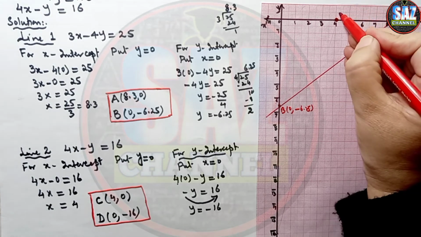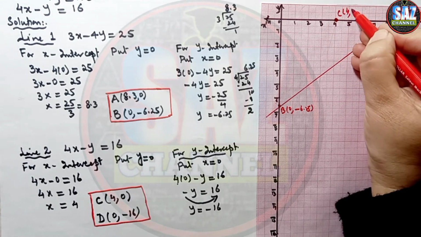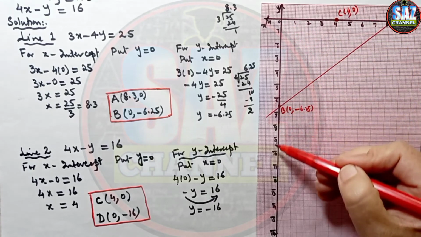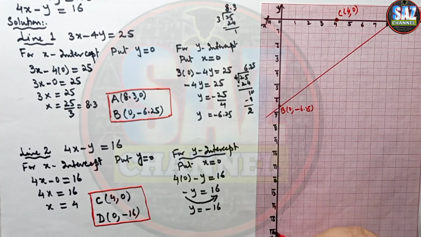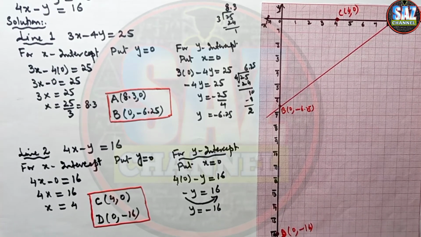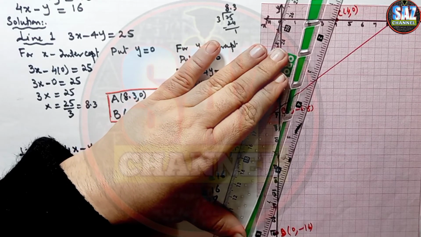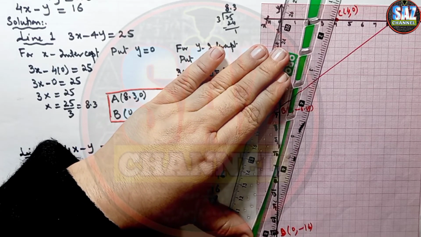This is C. And D is 0 with minus 16, so reach minus 16 over here and mark the point. This is point D. Now I have to pass the line through these 2 points carefully.